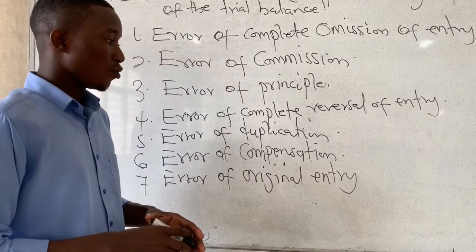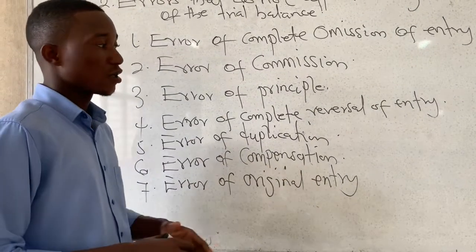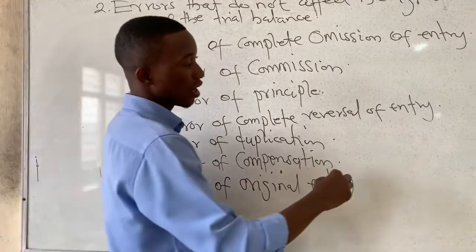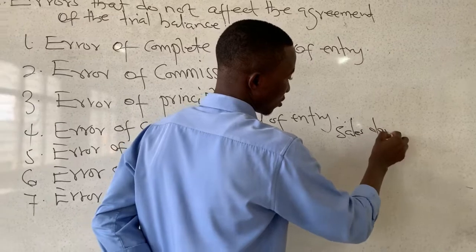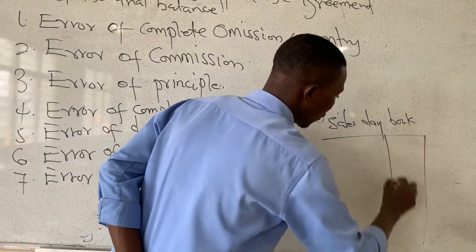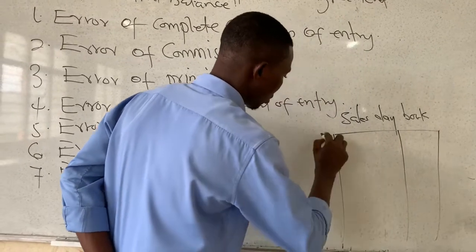In recording our transaction, first of all, we record the transaction in our day books. Let's say we have the sales day book. You know that the sales day book does not follow the double entry principle.